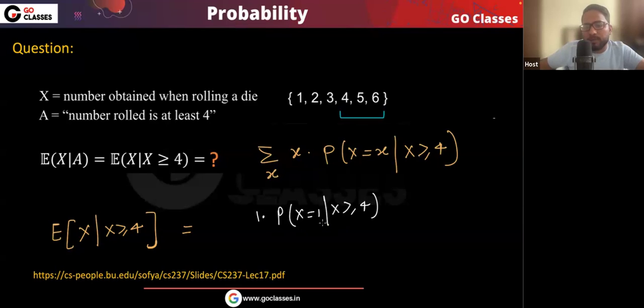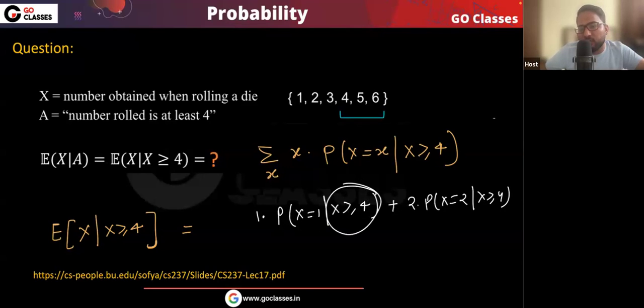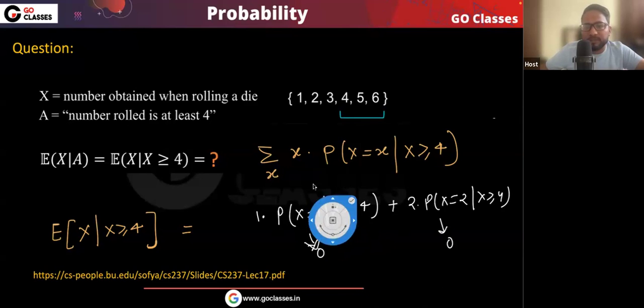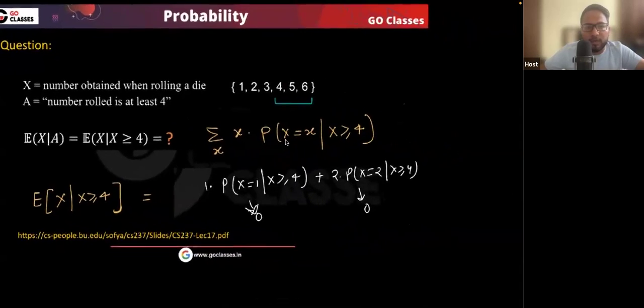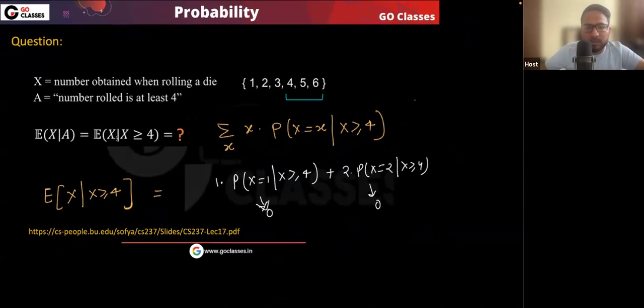What is this probability, by the way? Plus 2 into the probability of X being 2, given that X is greater than or equal to 4. If you already know that X is greater than or equal to 4, what is the probability that X is 1? This will be 0. Similarly, this will be 0. Similarly, plus 3 into this particular quantity, which will also be 0.